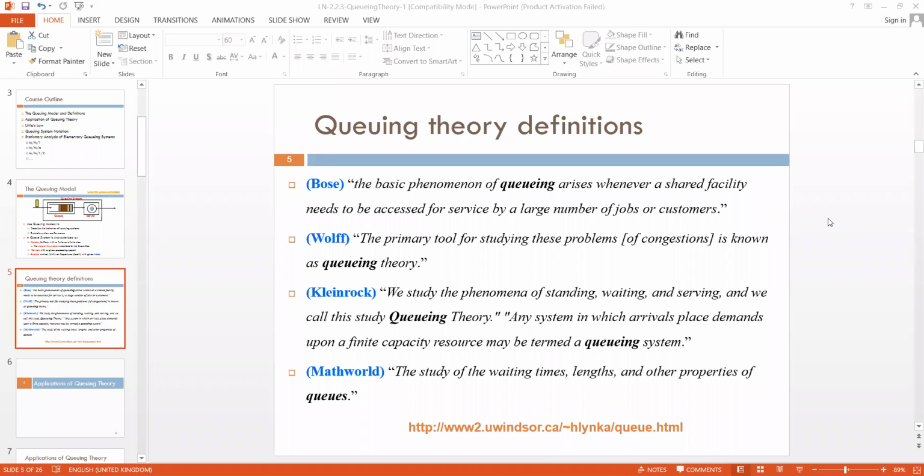Maxwell also says the study of waiting times, length, and other properties of queues forms what? Queuing theory. Okay. Now we go on to applications of queuing theory.